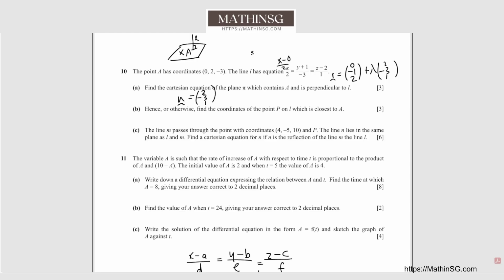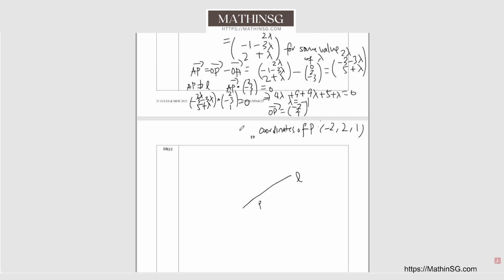Okay, so what we know is, we have L. Let me draw it here. I think it's easier. So I have L here, and then I have this point P here that I found, right? P is (-2, 2, 1).